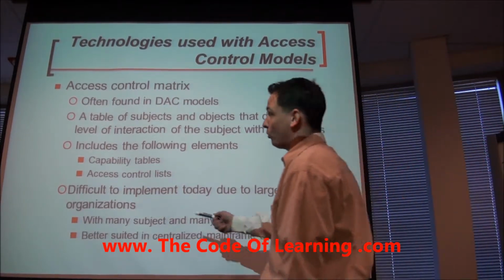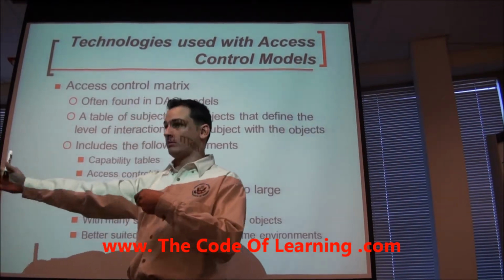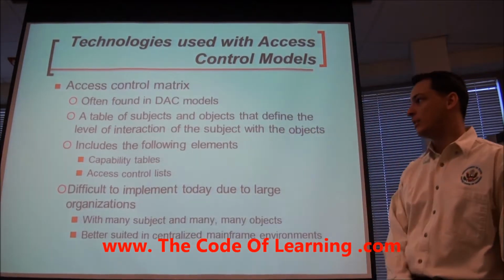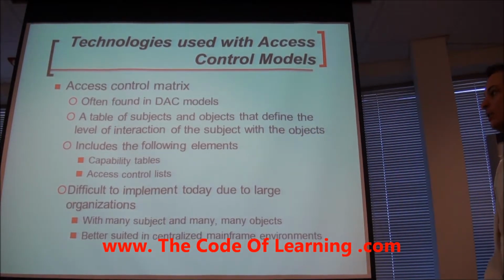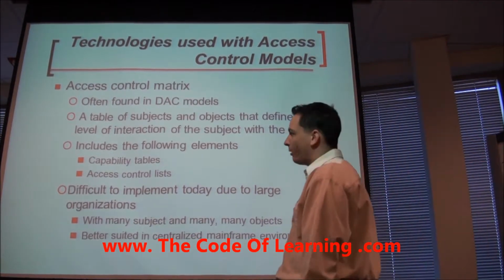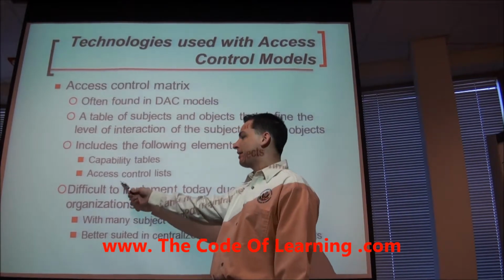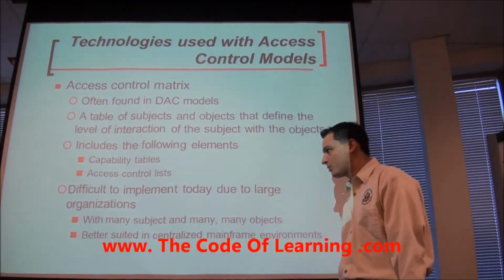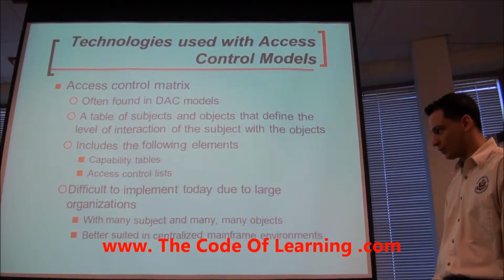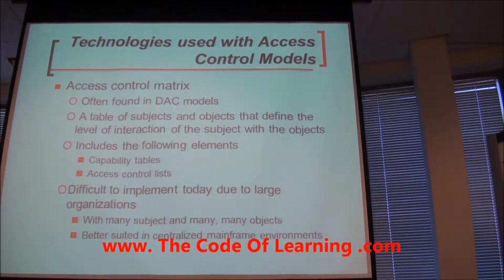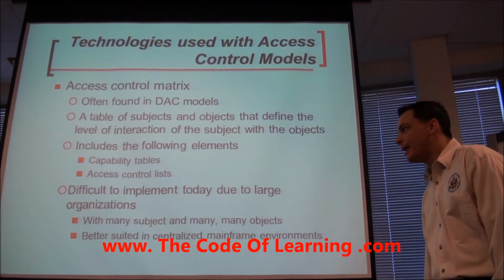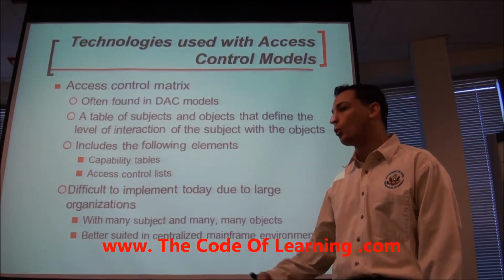It's a table. It's a whole table. So circle the word table. That's going to distinguish between the two. So it has the following elements: the capability of the user, or in the access control list, which would be the permission. So think of it as multiple access control lists. So an access control list in itself is singular, and then a capability table is plural in that sense.